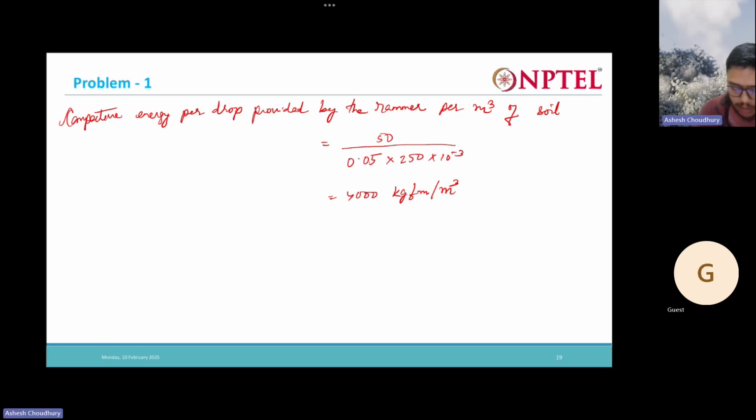Okay, now I am to find out the number of passes required to develop it. Number of passes n, with 35% extra given. So n into 1.35 into 4000 is 2756.25. So from here, calculate what number of passes you are getting.